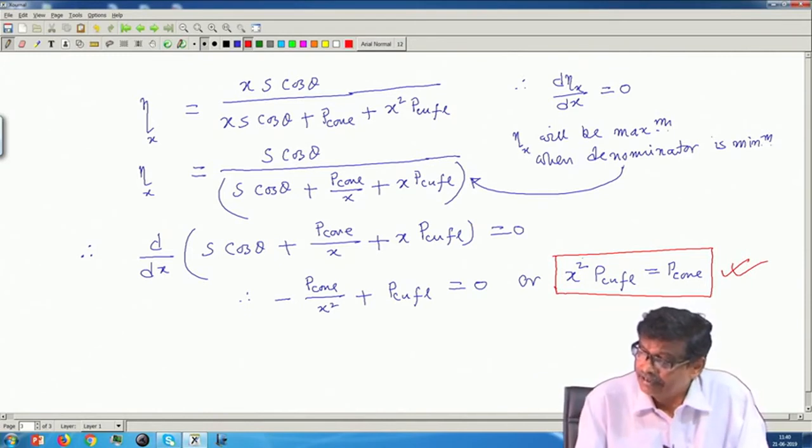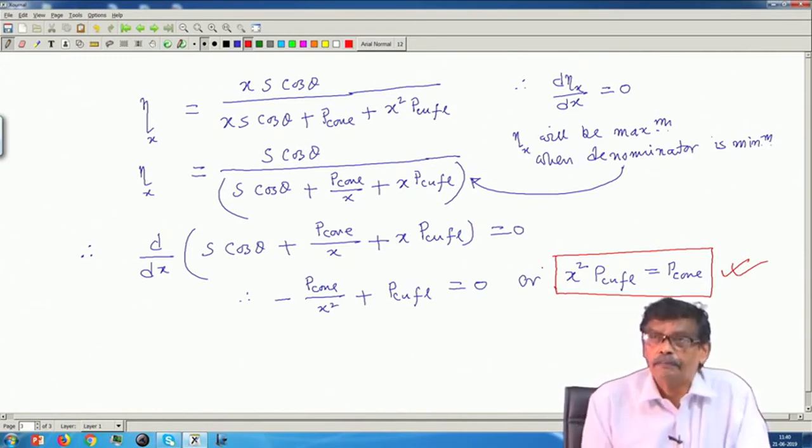Now, what is this x square P_CU full load? This is a variable loss.